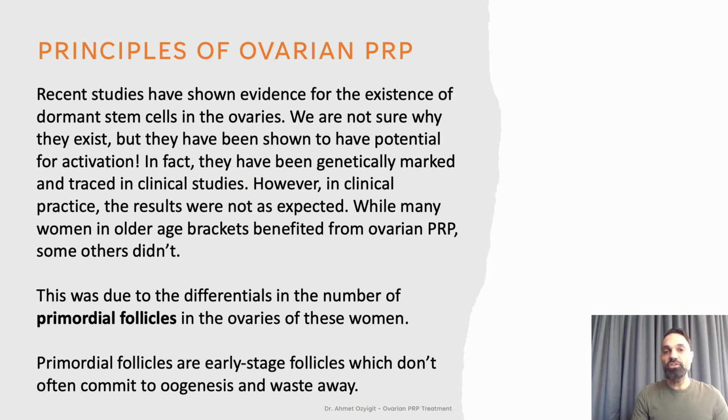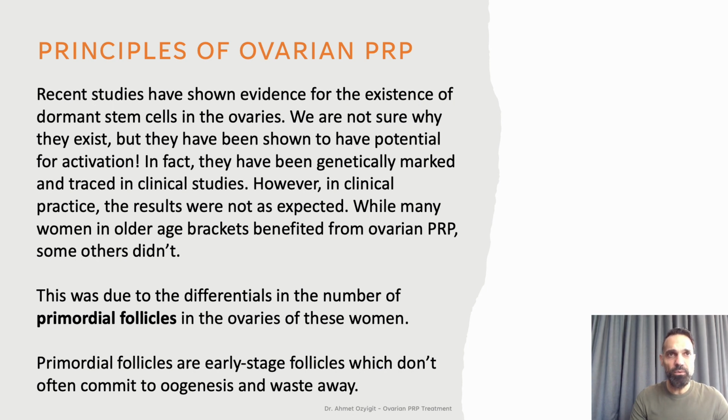So as you can see, there is almost 98-99% of wastage in the follicles that are being prepared for oogenesis, but they don't necessarily go through these stages. So these primordial follicles are wasted away.